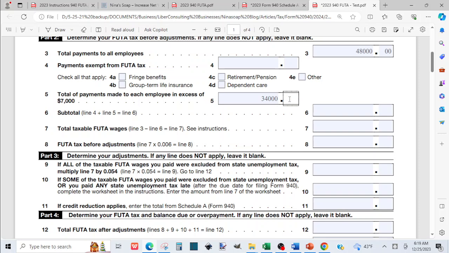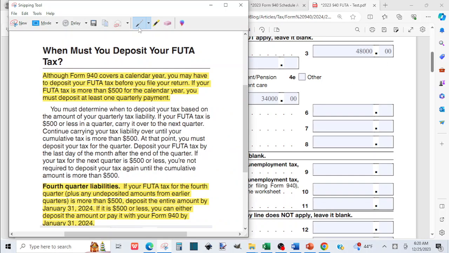The way it works is, you the employer will pay FUTA tax on the first 7,000 you pay each employee. So in this example, we have 2 employees. So the first 7,000 for 2 people, that'll be 14,000, given they were paid more than 7,000 during the year.